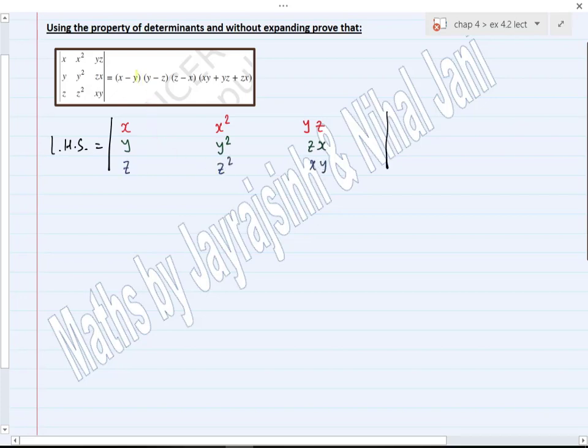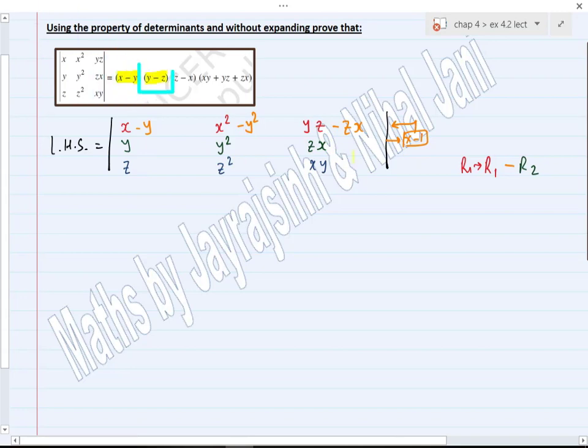Here we need to get a factor of x minus y, and for that the preferable operation is r1 gives r1 minus r2. Let's multiply minus 1 with the second row and add into the first row. So here we'll get y minus 1s are minus y, y square minus 1s are minus y square, and zx minus 1s are minus zx.